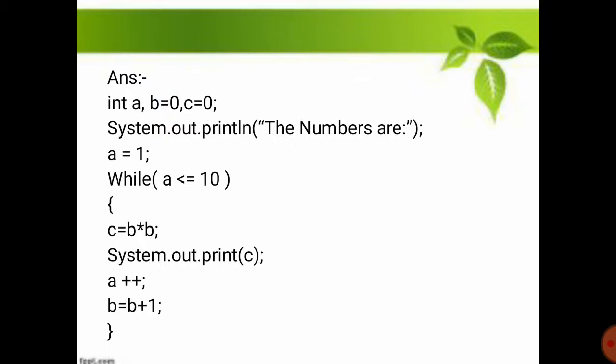In the body of the loop, c is equal to b into b, and then we print System.out.print(c). The loop is based on a, and each time a is increased by a++, and in the same way b is equal to b plus 1. This part of the code is just the same.